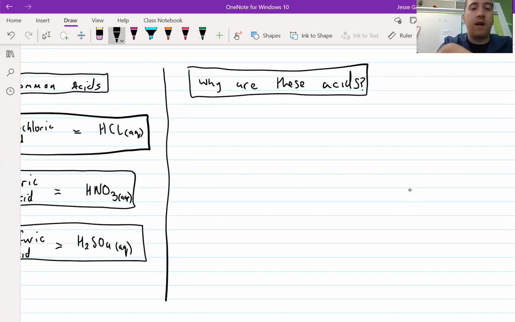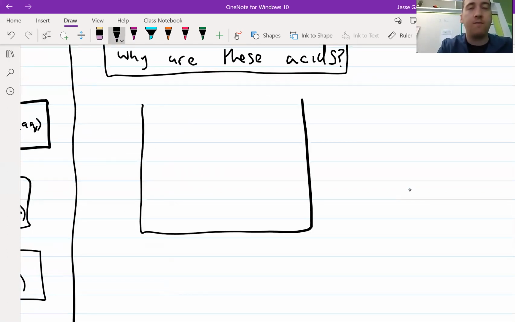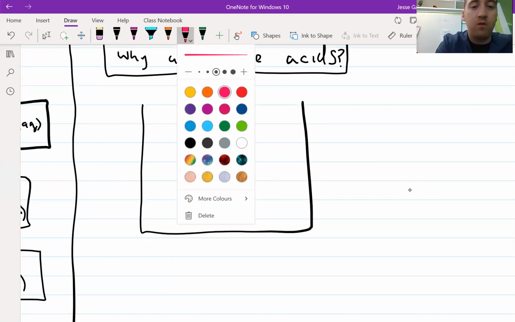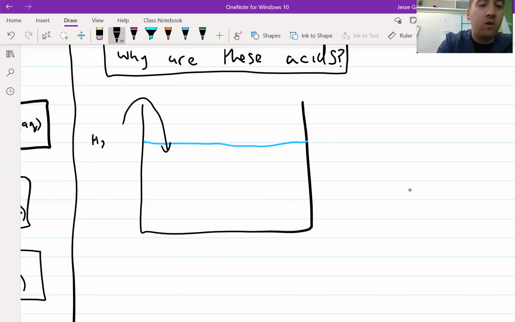The reason they're acids is this: if we take a beaker of water and fill it up, this is a beaker and this here is water. I'll draw it blue to symbolize that it's water. So we've got H2O, water, which is obviously a liquid, L for liquid.